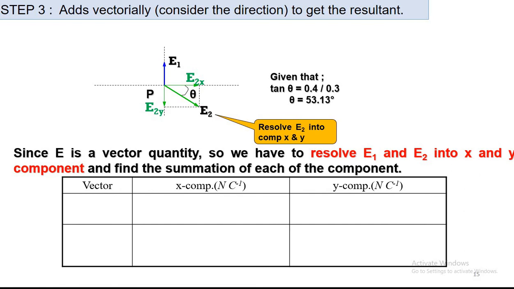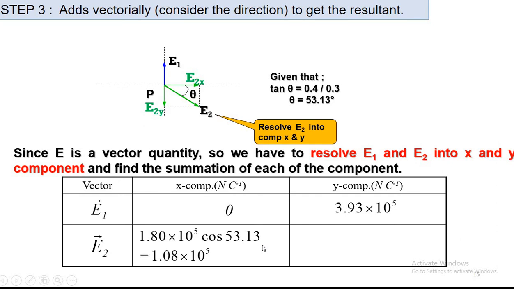Then substitute into the table. So E1 for X component equal to 0. E1 for Y component equal to 3.93 times 10 to the power 5. And then E2 here for X component, 1.8 times 10 to the power 5 cos 53.13.